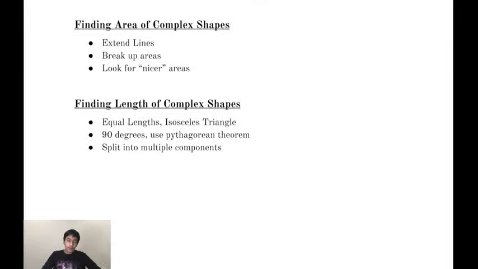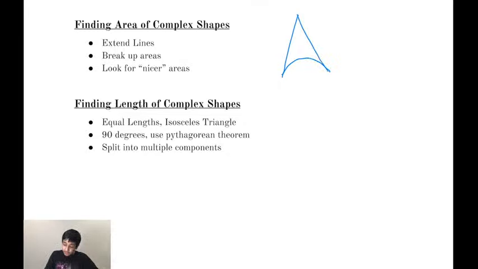And again, for these types of problems, for finding the areas of complex shapes, the idea is to extend lines, break up areas, and look for nicer areas, because that can really help you find the different areas of it. For example, I've seen many AMC problems like this before, where they give a weird shape like this and you want to find the area of the shape.